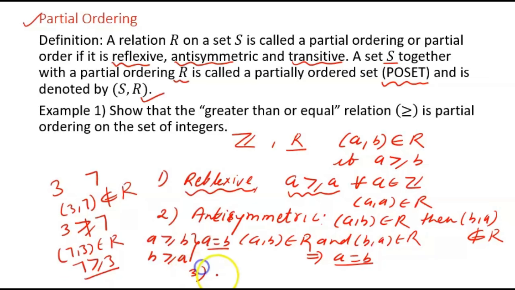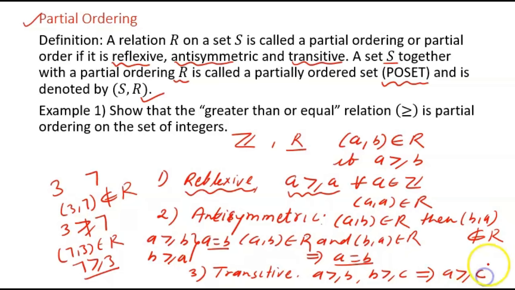And finally, if I talk about the transitive property, that is very obvious. Why is it very obvious? If A is greater than or equal to B and B is greater than or equal to C, meaning A is related to B and B is related to C, then certainly A will be greater than or equal to C. So this is also a transitive relation.